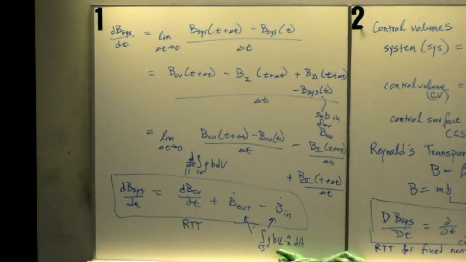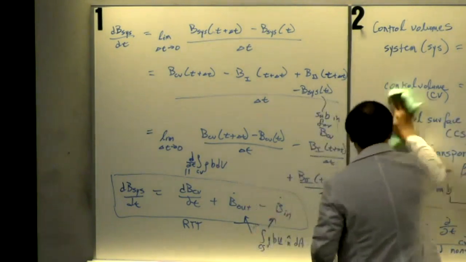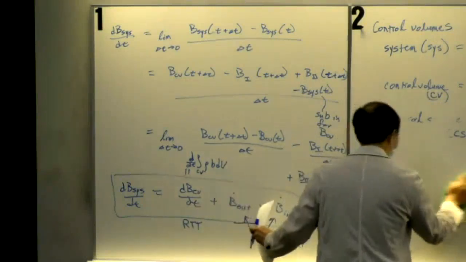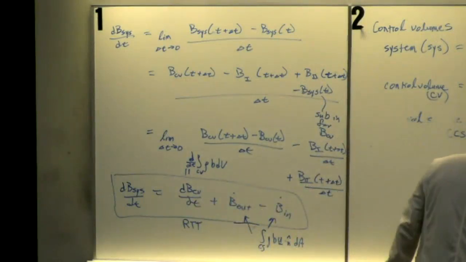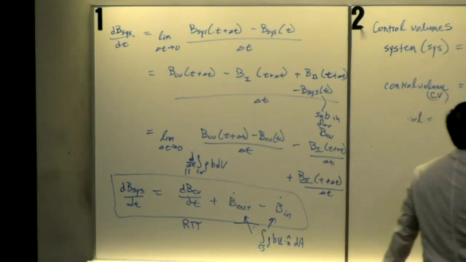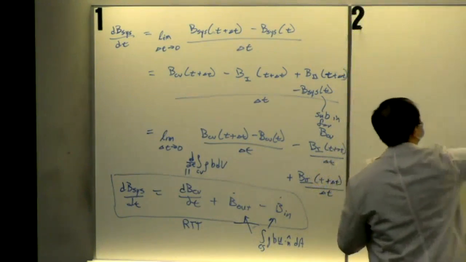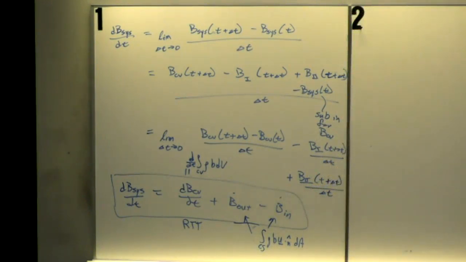All right. Let's start an actual physical problem. So this idea of the time-dependent part and the flux in and out, we'll be using that over and over. And we're going to be tracking different quantities. The simplest one to describe is conservation of mass.